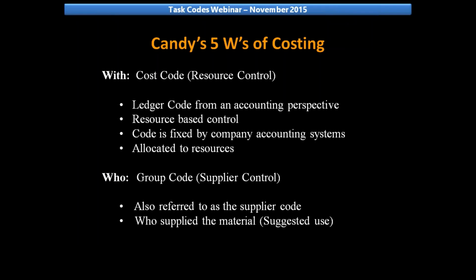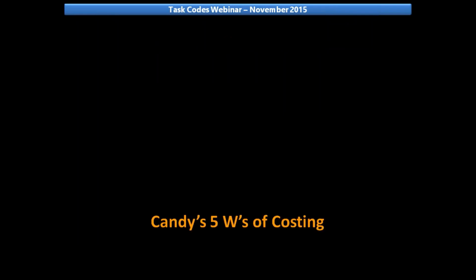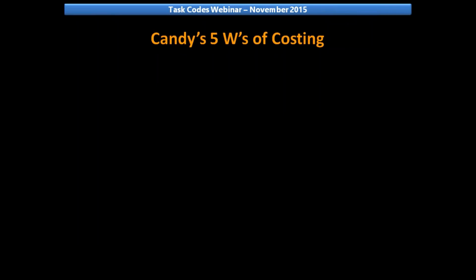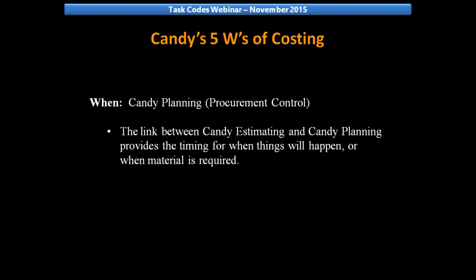It will show us who supplied the material. Then our last W, the fifth W, would be the Candy planning, used for procurement control. So the link between Candy estimating and Candy planning provides a timing or when things will happen or when material is required. Like I said, used for your procurement control.